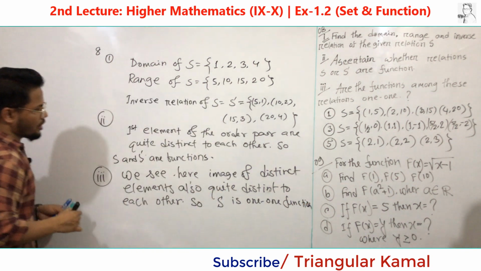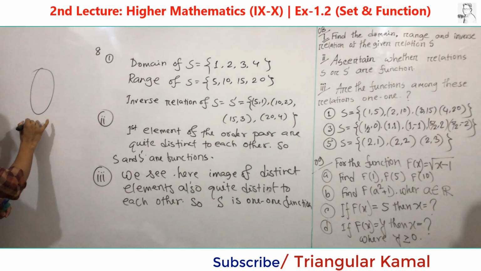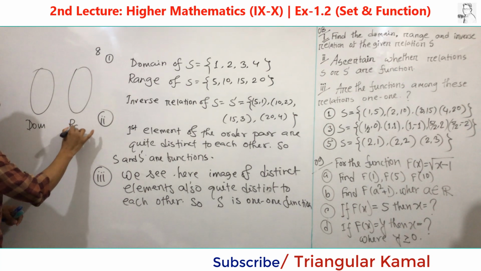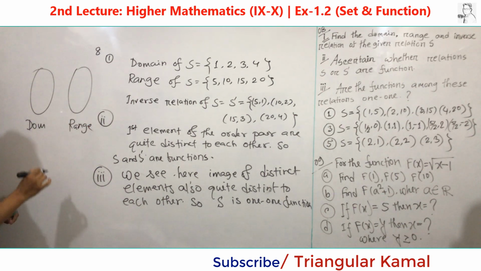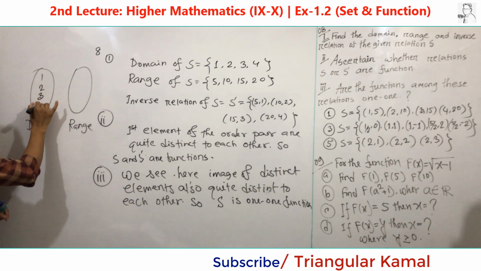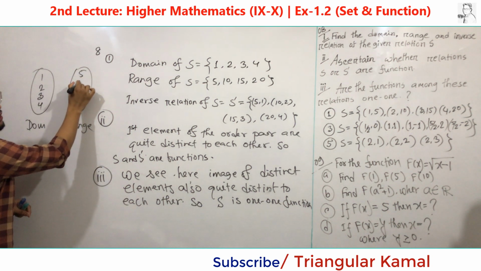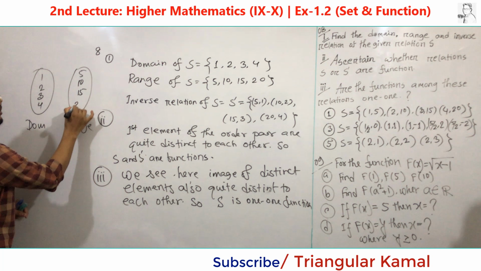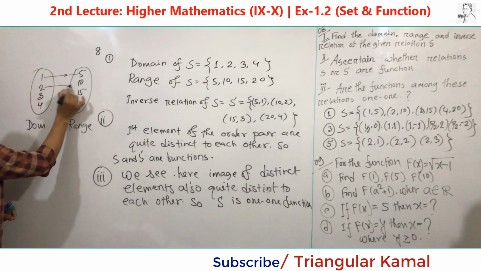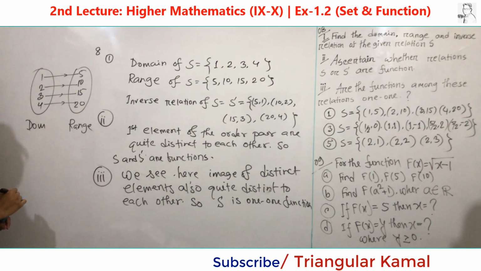If you draw the graph here, first elements are the domain, second elements the range. In number 1 the domain is 1, 2, 3, 4 and the range is 5, 10, 15, 20. The image of 1 is 5, the image of 2 is 10, the image of 3 is 15, the image of 4 is 20.